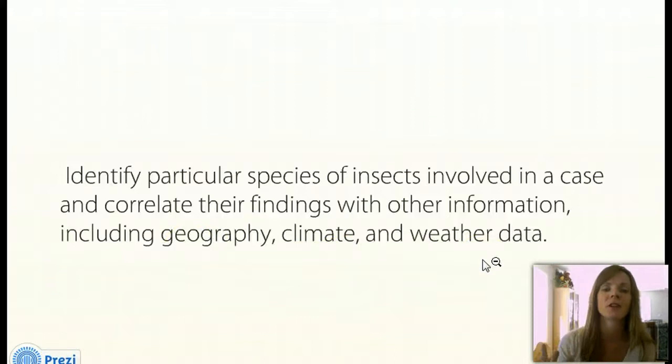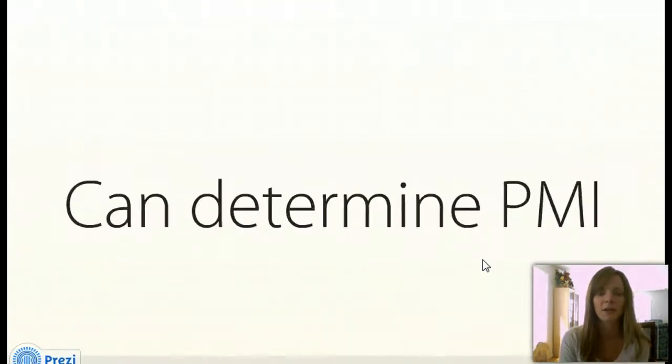So it's interesting that by collecting insects and figuring out the geography and the climate and the weather data, you can start to put together some puzzle pieces about the time of death, maybe the manner of death. It just depends on what they find.